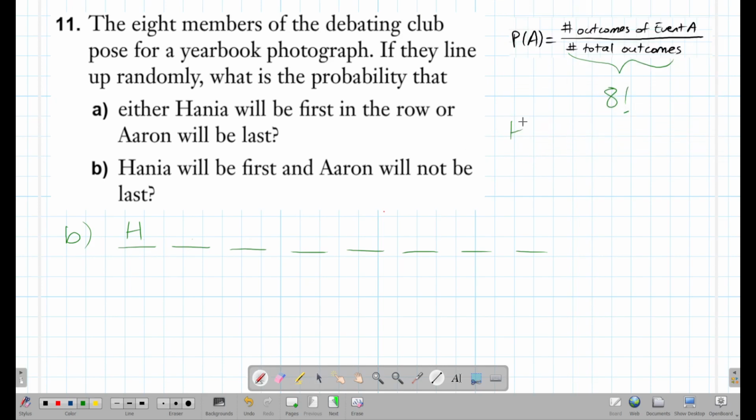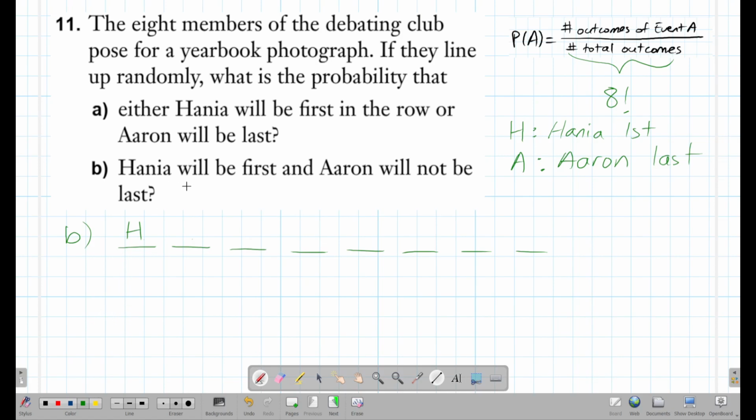So we're going to let H be Hania is first in the row, and then we're going to let A be Aaron is last in the row. So Aaron is right here. We're going to use these 2 events for both parts of the question, so this is why I'm defining them first.